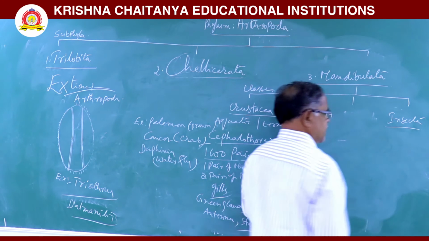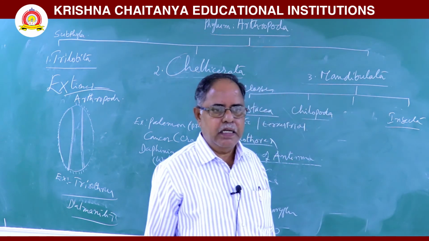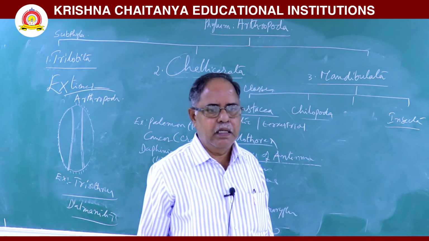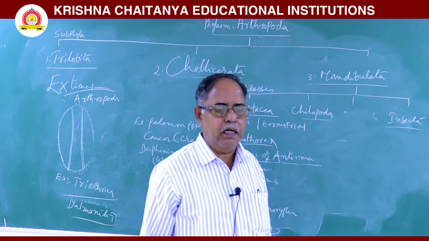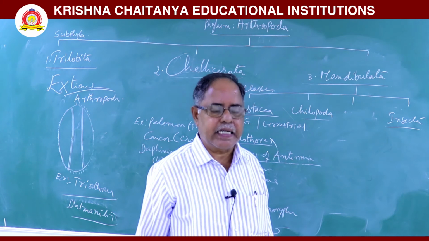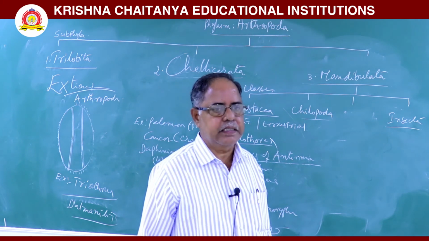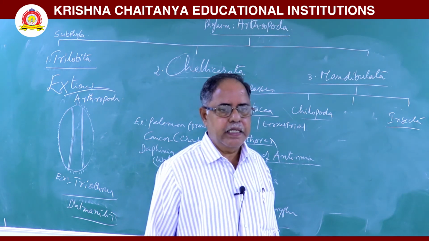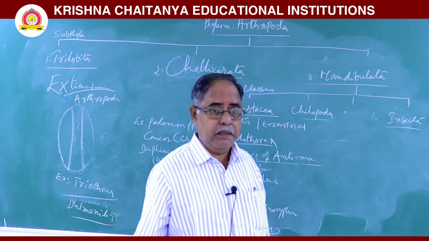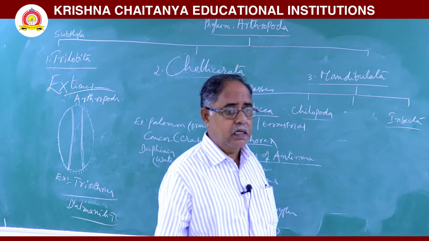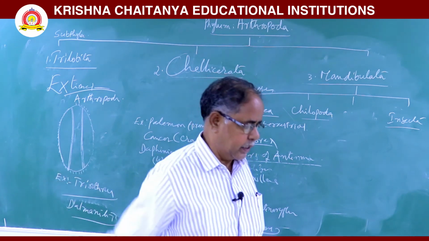Next, last, Insecta. Insecta is the largest class in the animal kingdom. The animals included under class Insecta are generally called insects. These insects are cosmopolitan, but they are not seen in marine water.